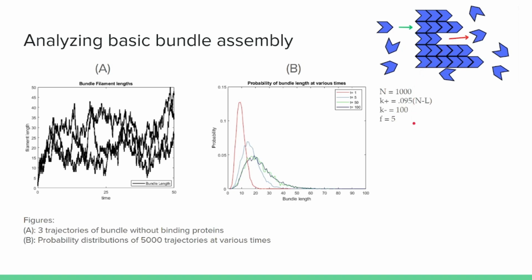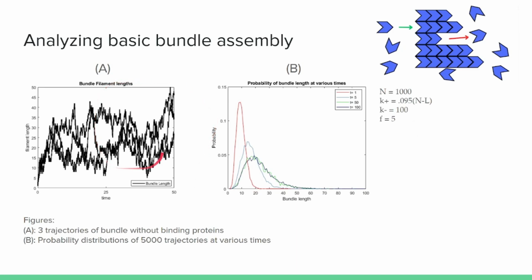The parameters we use for these simulations are here on the side. We had n equals 1,000 monomers, a K plus growth rate of 0.095 times n minus L, where L is the bundle length. We had K minus defined as just 100, and F, where our number of filaments is 5.